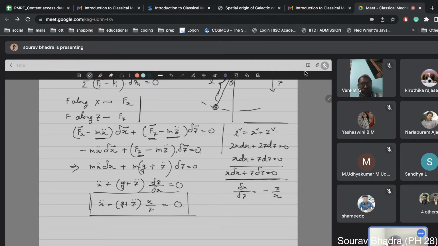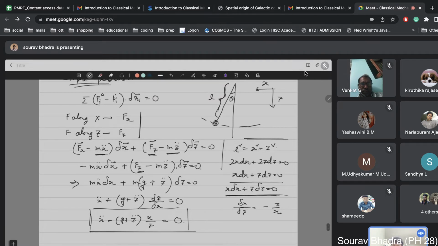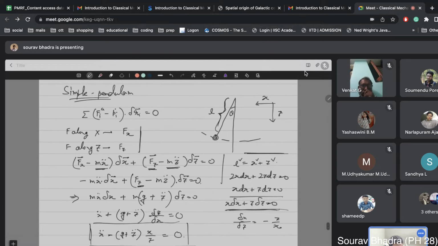Now if the value of theta is very small, then we can approximate z as L, because if theta is very small, there will not be much difference between this length and this length. This is just an approximation for small oscillation that you will see later in your course also.